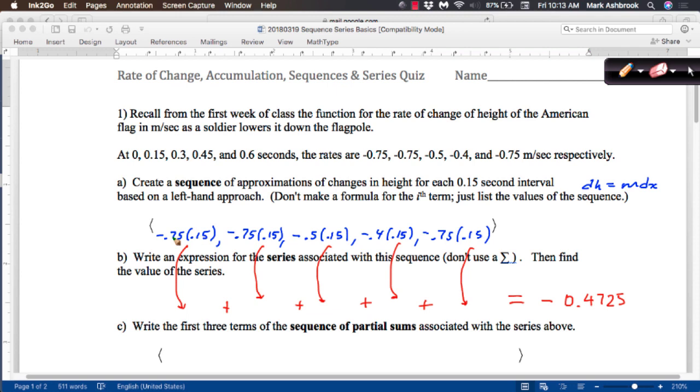This one, right? The first one is negative 0.75 times 0.15. Now, what's the second partial sum? Add the first 2 terms, right?